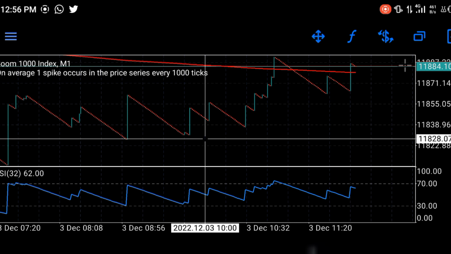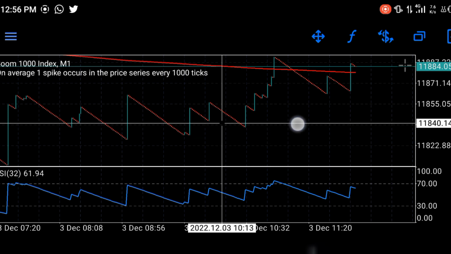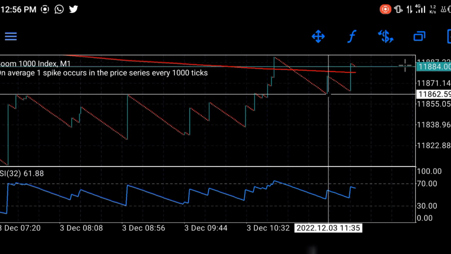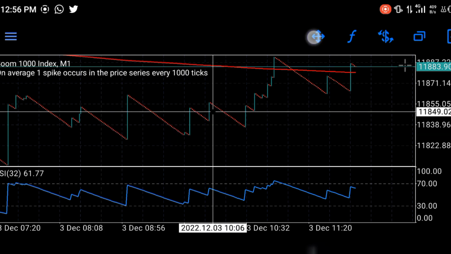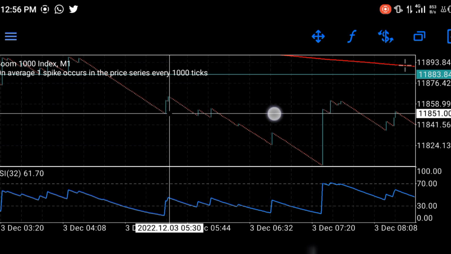But if the price is having higher lows, like we have here, this is a low, this one is higher, this one is higher, and if the price is like this, you are getting more spikes out of this. But if the price is more of a down movement, like we have here, you should avoid using this strategy, because it cannot catch the spike.